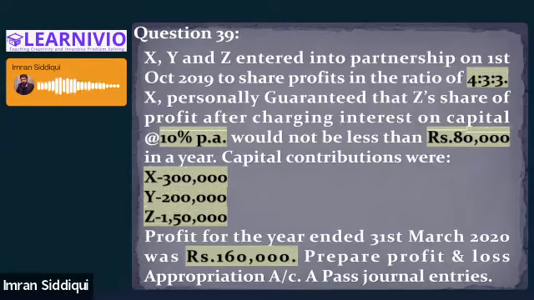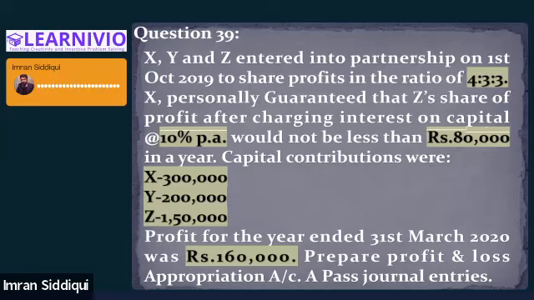How much is the divisible profit both of you are getting? So I got 1,87,500. 1,87,500. All right. And Manisha?